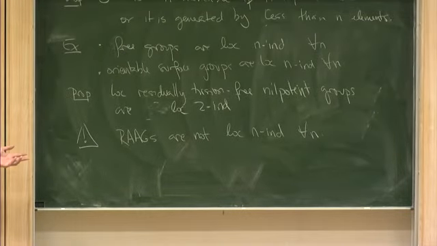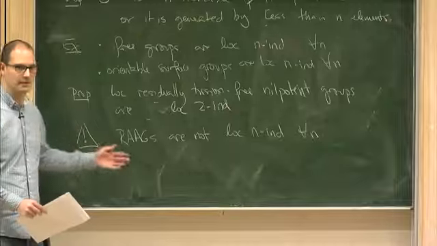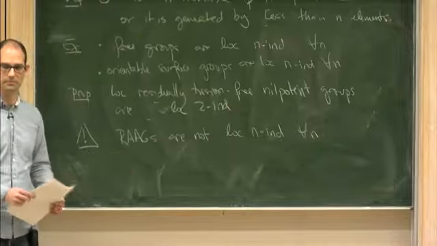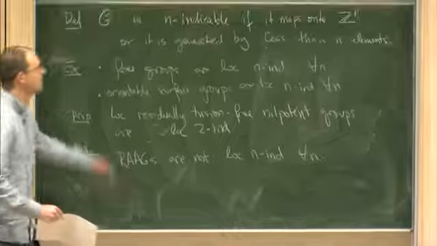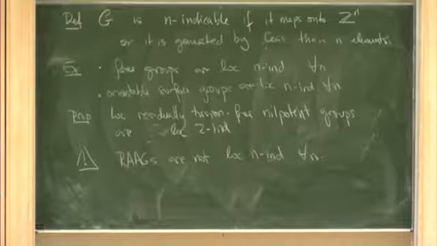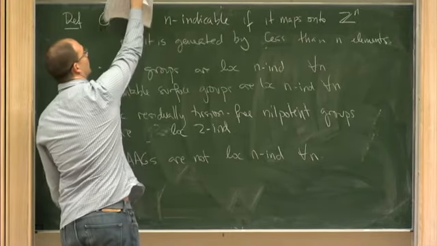There is an example in a paper by Ashot Minasyan that says that it's an example by Martin Wrightson, who gives some finite index subgroup of F2 plus F2 that will fail being n-indicable for some n. I don't remember which n it was. Okay, so this is a class of groups, and we want the equivalent of that corollary.